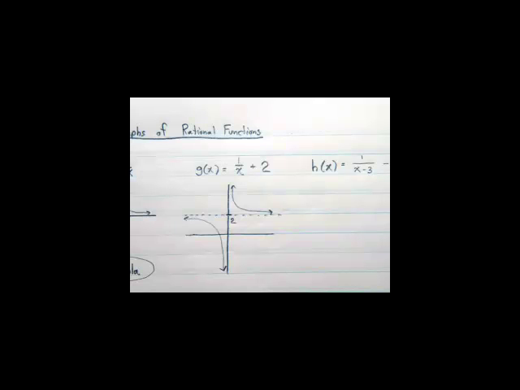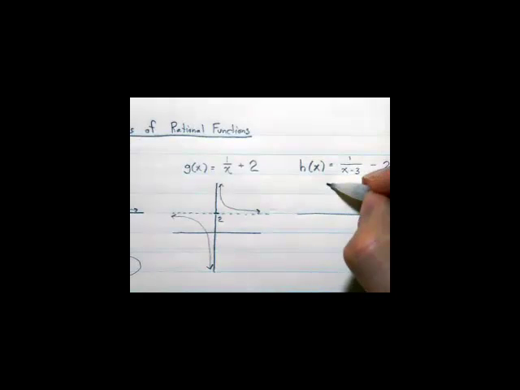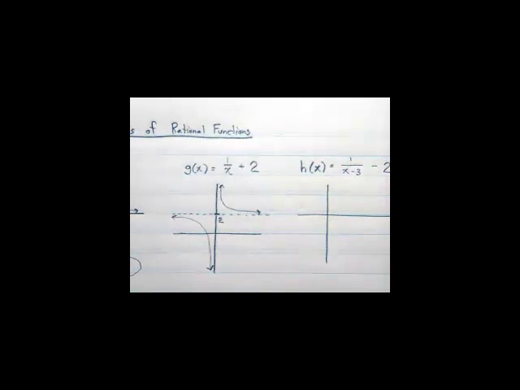Right. Good, yeah, right 3 down 2. Okay, so let's try that. So that vertical asymptote, since we're going to the right 3, should now be over at 3. And the horizontal asymptote went down 2.